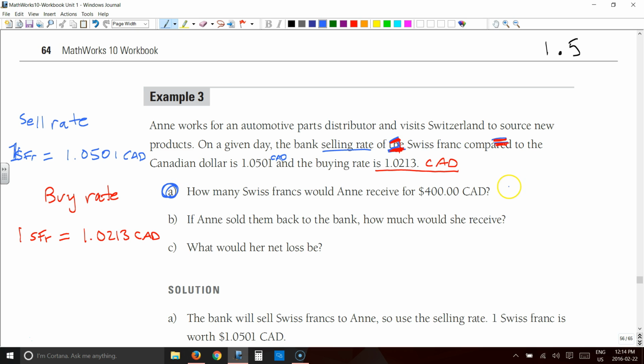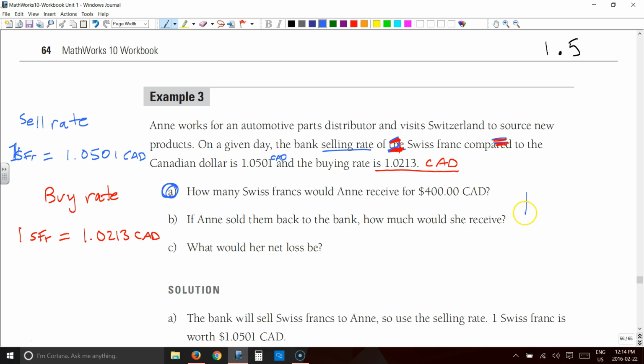All right, let's do it. So I'm going to use, just like in previous examples, this conversion rate here to convert $400 Canadian into Swiss francs. And since the bank is going to be selling us francs, we use the sell rate. Here we are. Let's enter our conversion rate in the form of a fraction.